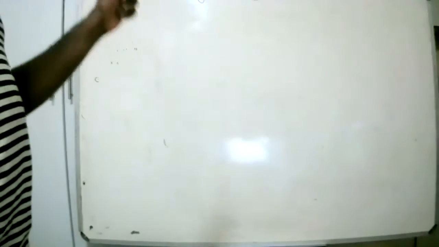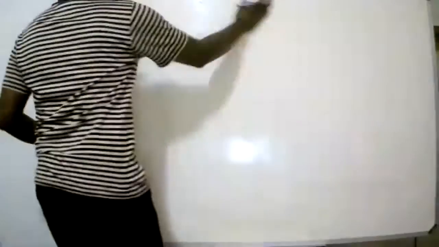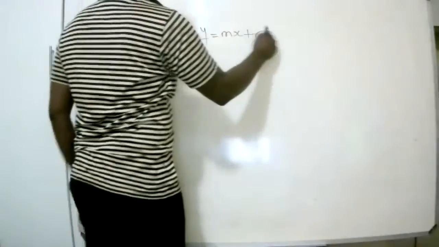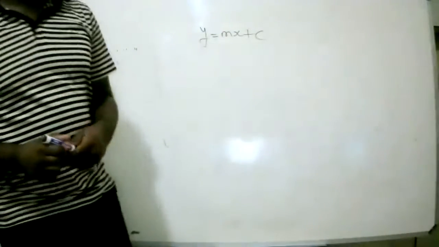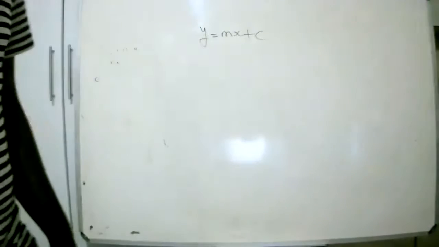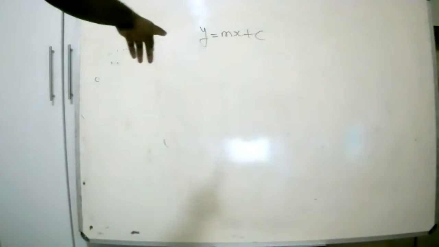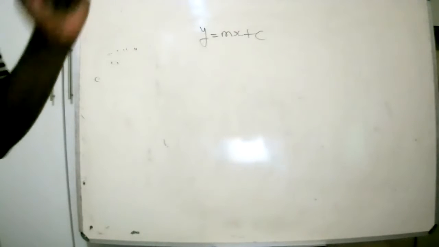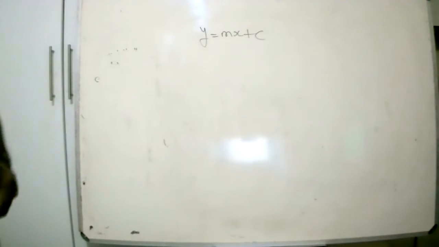Okay, so this is the formula for the equation of a line. But for vectors, we don't use that formula. So I'm going to give you the formula that we use to calculate the equation of a line for vectors.